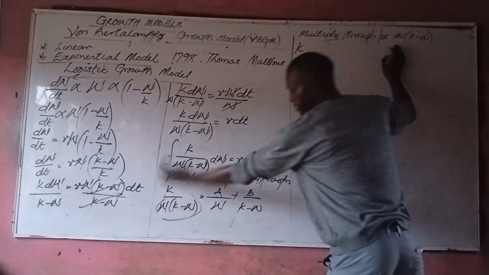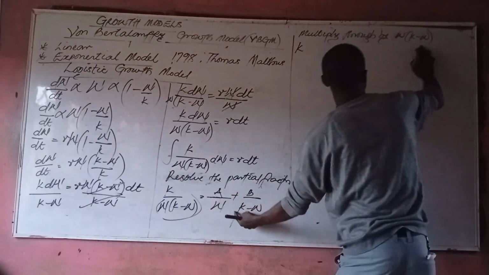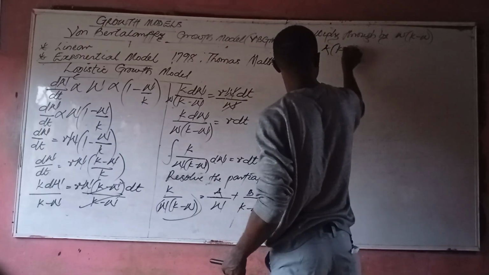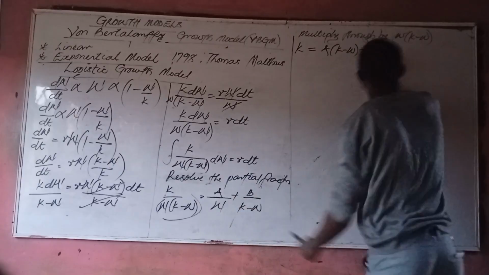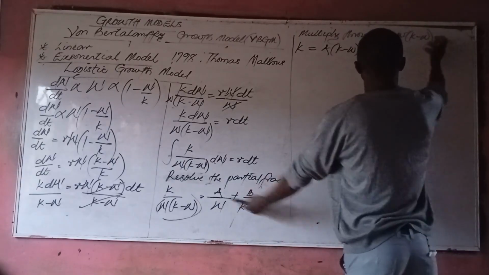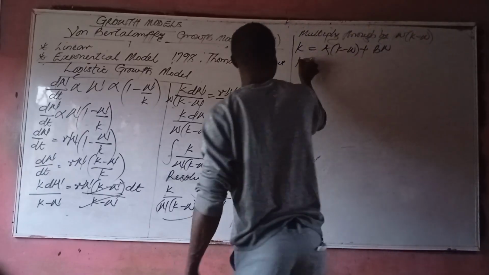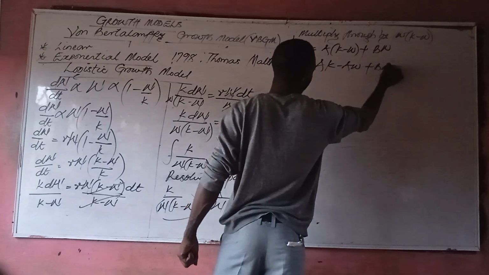If I multiply this one alone by this, W cancels, it remains K minus W. So it will be equal to A into bracket K minus W plus, if I multiply this by this, this cancels this, remains W, BW. From here, therefore, we have K equal to AK minus AW plus BW.